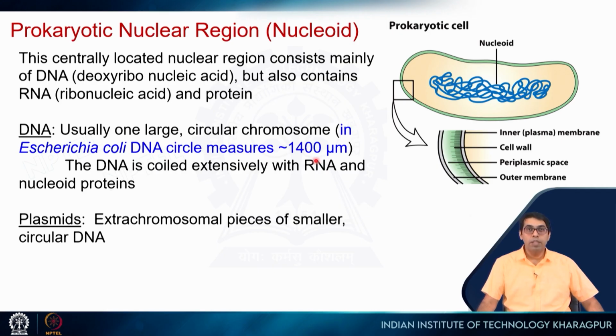E. coli DNA measures around 1400 micrometer in length, and this DNA is coiled extensively. You can see it is a very coiled structure, and RNA and other nucleoid proteins are also present, which form this nucleoid. Apart from this, there can be other smaller circular DNA present, which are called plasmids.